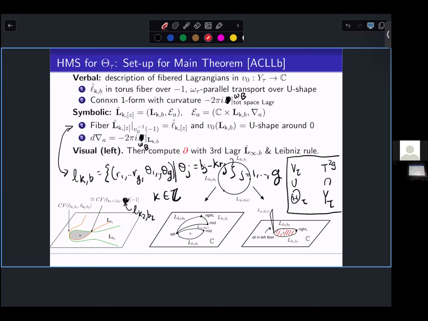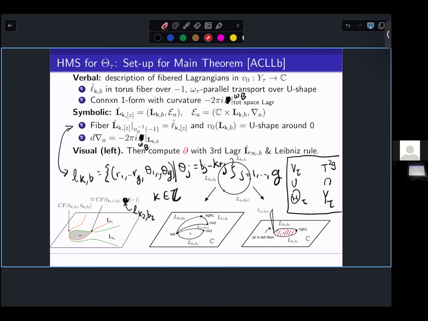And this is something we know how to count. This is something that we can deform to figure out how to count. This is the triangle count in a fiber, which we did at the beginning. And this is the differential that we want. So essentially we solve an equation for the differential.